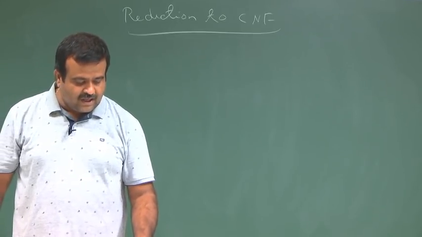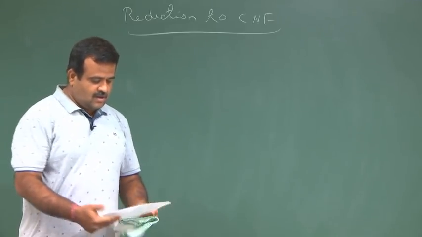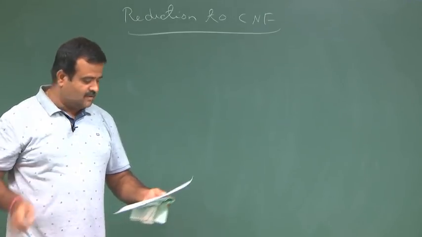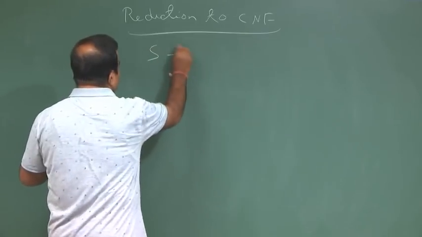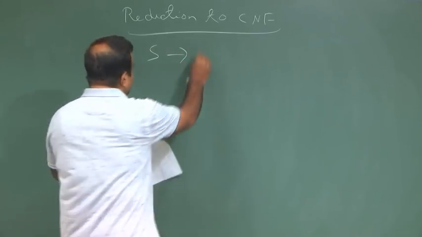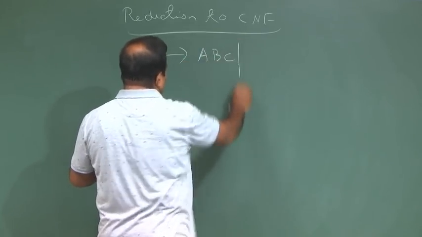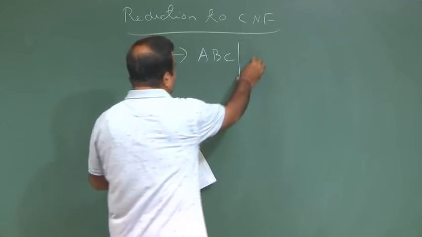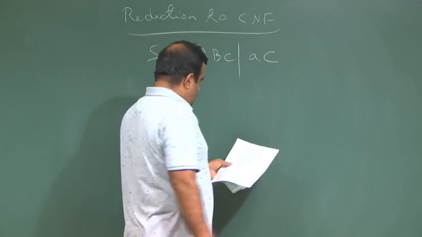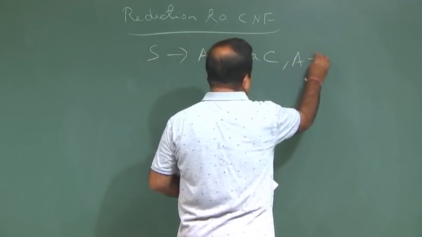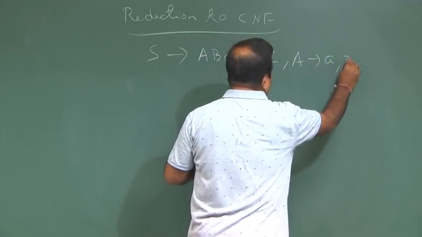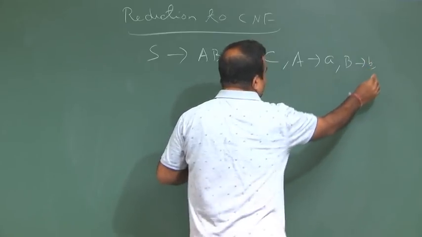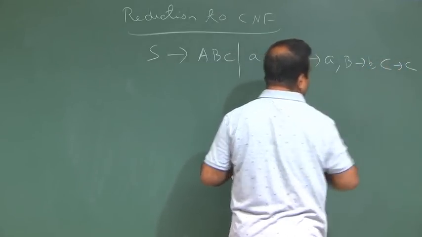For example, suppose we have taken this example: S goes to ABC or aC, A goes to a, B goes to b, and C goes to c.